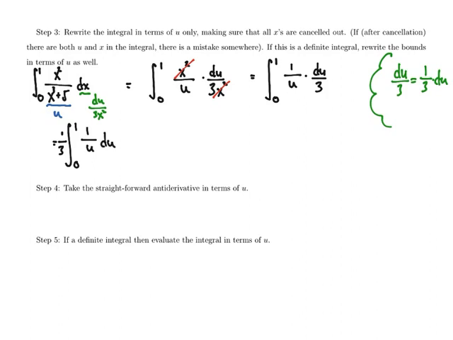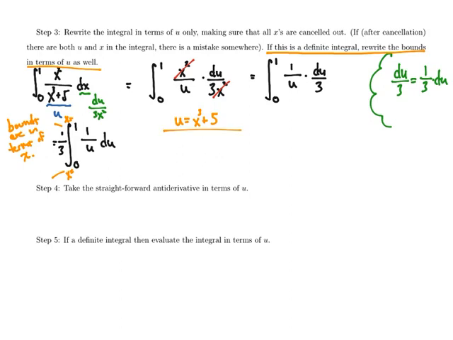Now the only problem left here is that these bounds on the integral are in terms of x, and we need to have everything in terms of u. So this is like x equals 0 and x equals 1. So we need to rewrite the bounds in terms of u. And the way that we can do that is by just using our formula that u is equal to x cubed plus 5.